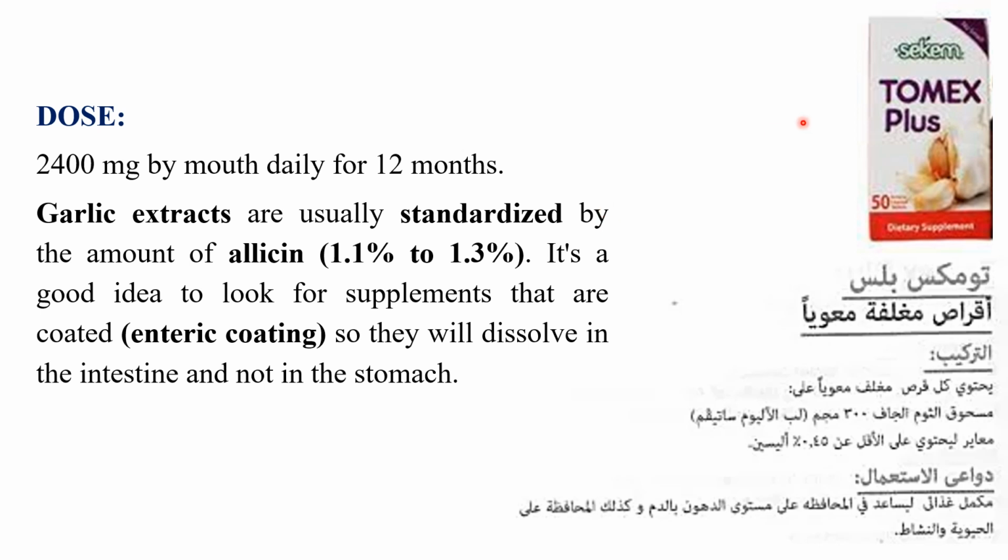People administering garlic orally, either as a food, suffer from side effects such as stomach upset, bad breath, and also sometimes diarrhea. So to solve this problem, garlic supplement could be used as an enteric-coated tablet.